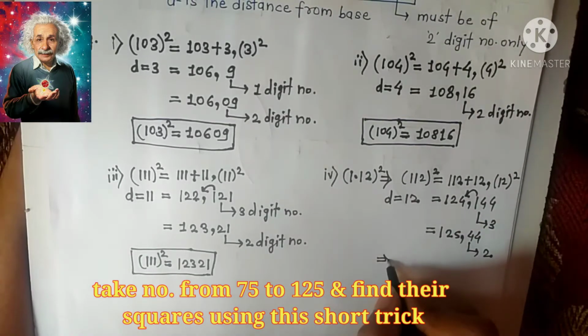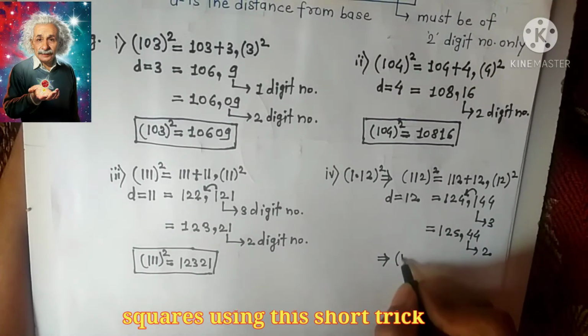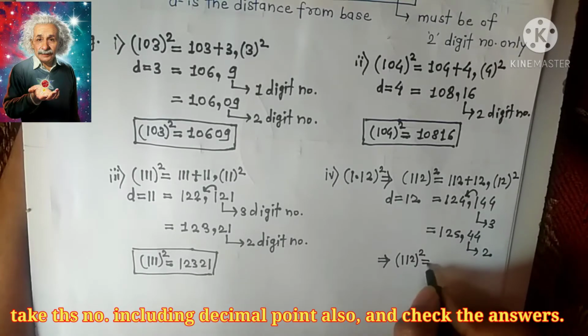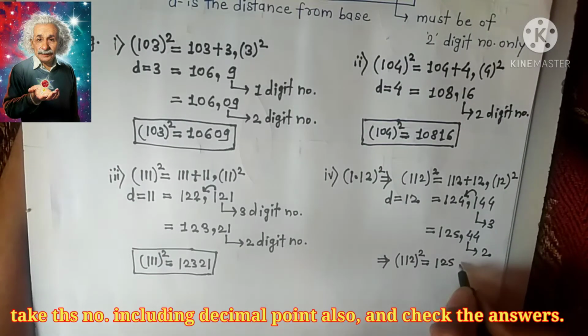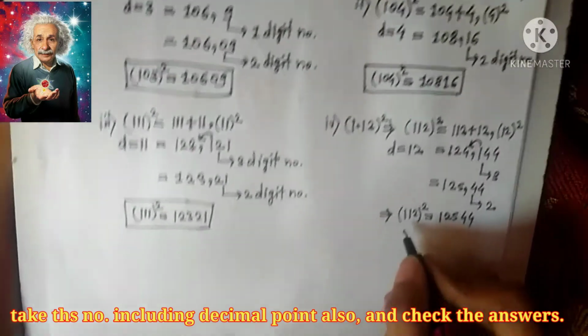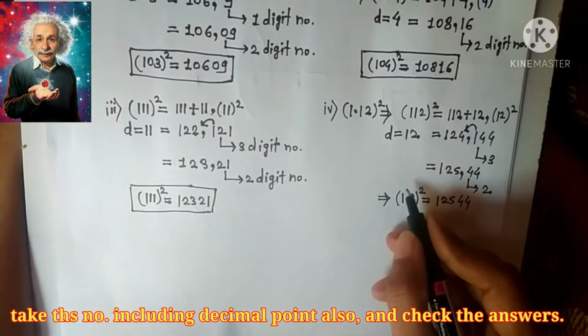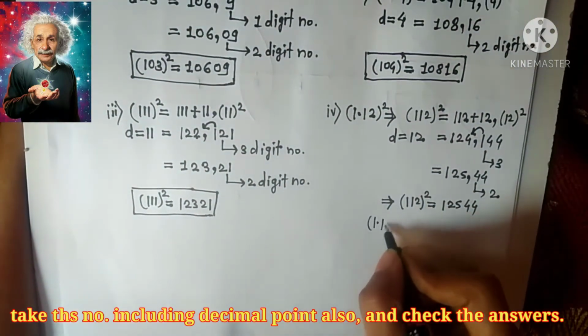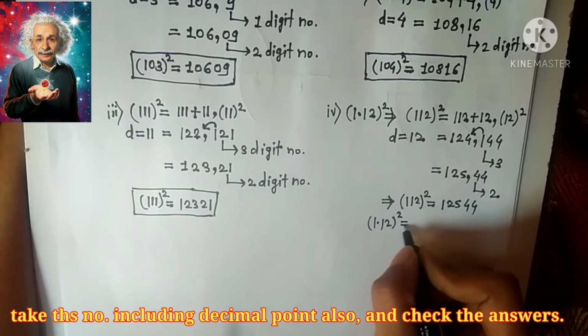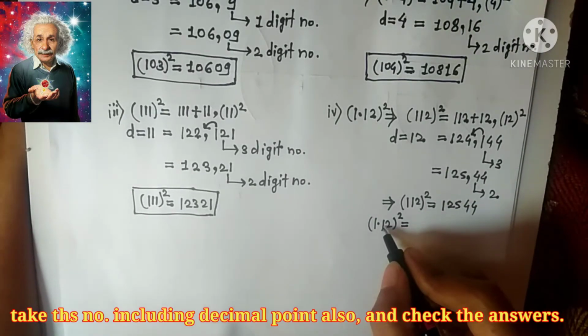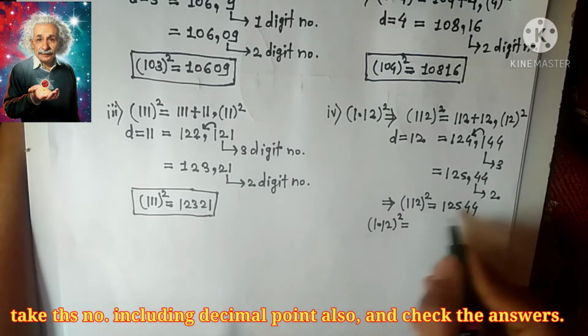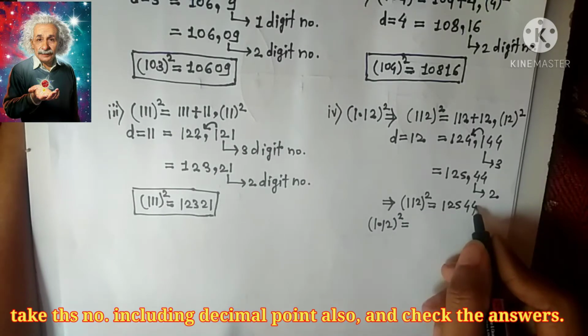So finally we get the square of 112 as 12544. But here we have to find the square of 1.12. So we will write the decimal point after 4 digits from the right side.